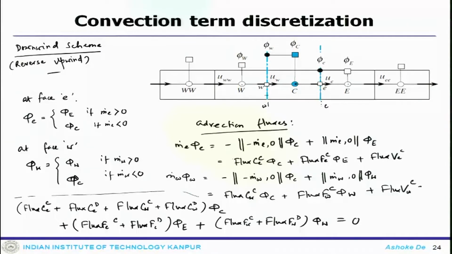So, that becomes the equation for the discretized system, and if you put it in a more compact form, this would look like A C phi C plus A E phi E plus A W phi W equals 0. So, the discretized equation looks similar.